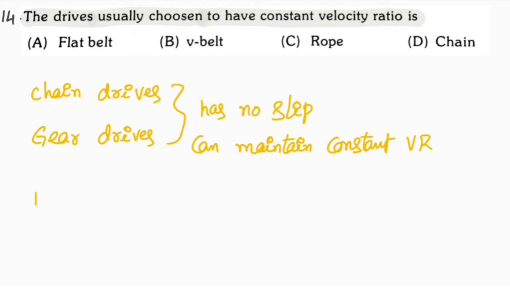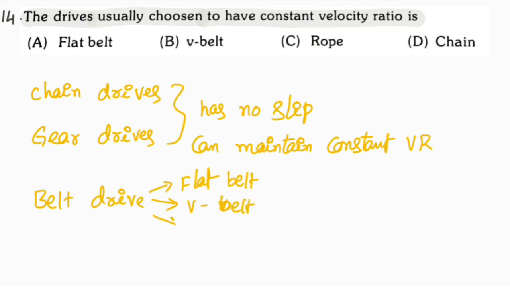But belt drive, that belt drive may be either flat belt or V belt, or rope belt. These three belts have slip, right?